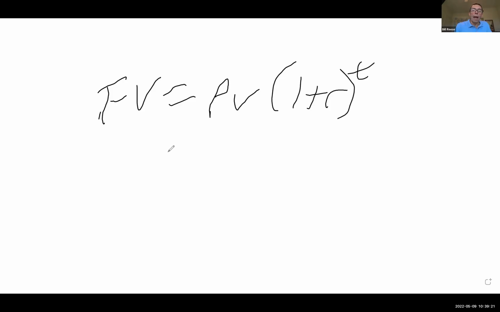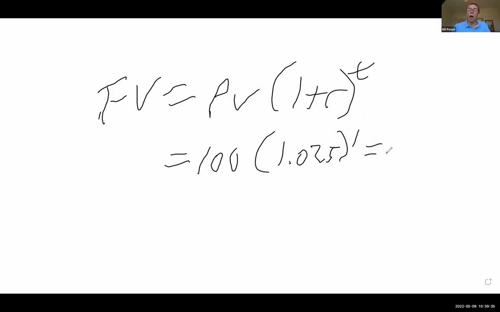So our future value was equal to 100 times 1.025, with R being 2.5%, our semi-annual yield, to the first power. And so that was going to be equal to $102.50. So that's what you have at time 1, at time 6 months.